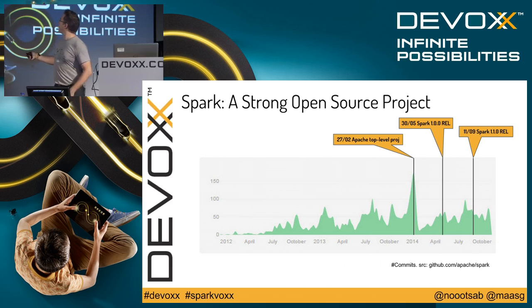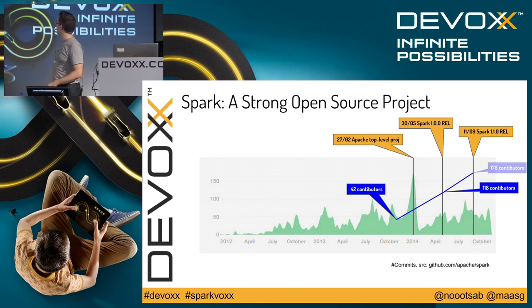And we had this in May, and recently in September, we had the 1.1.0 release that included a lot of improvements on the Spark SQL side. And we are probably on the verge of the Spark 1.1.1 release that will be coming in one of these days. And next to that, you can see the evolution of contributors over time. This thing is taking off with a very steep line.